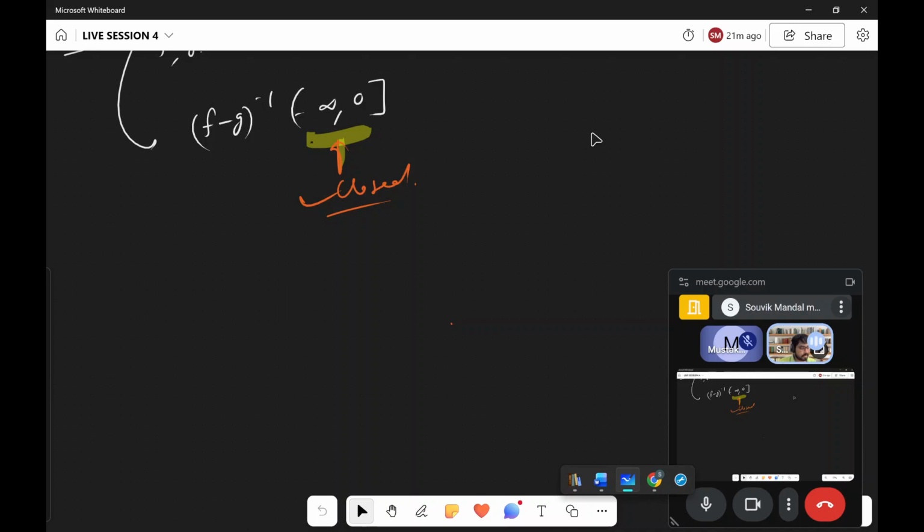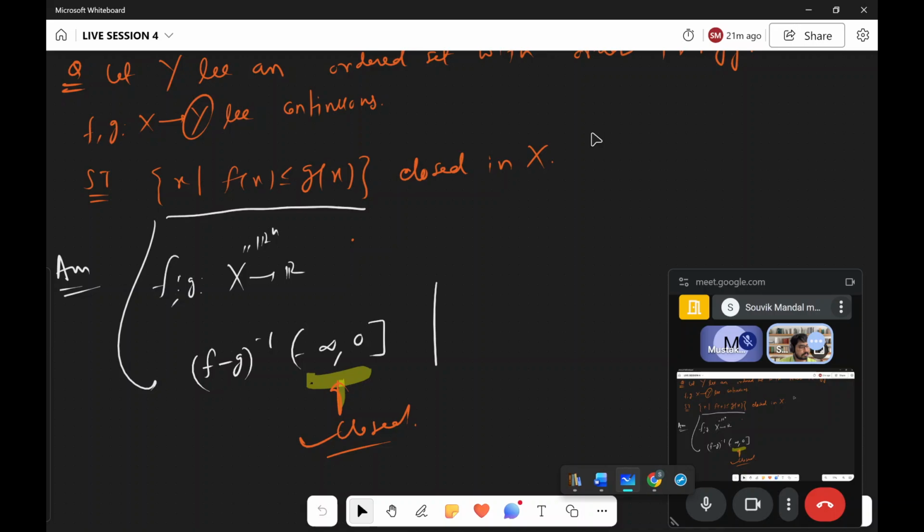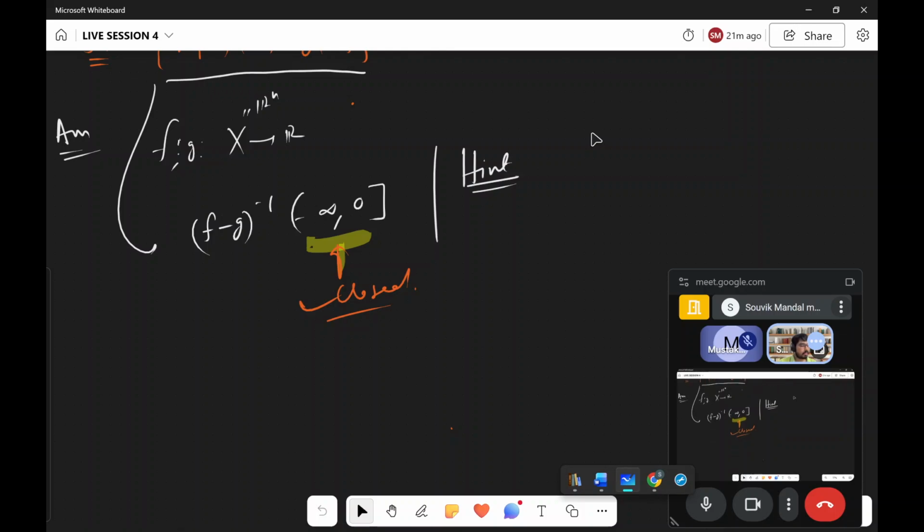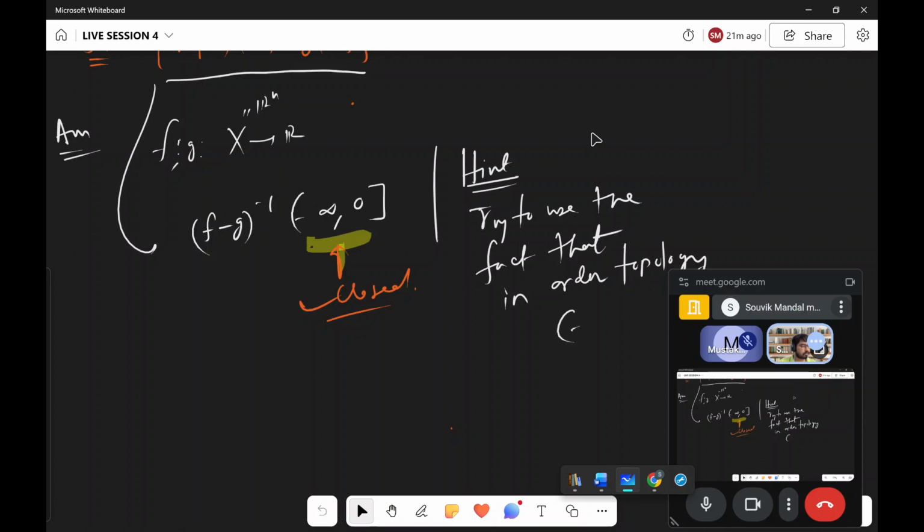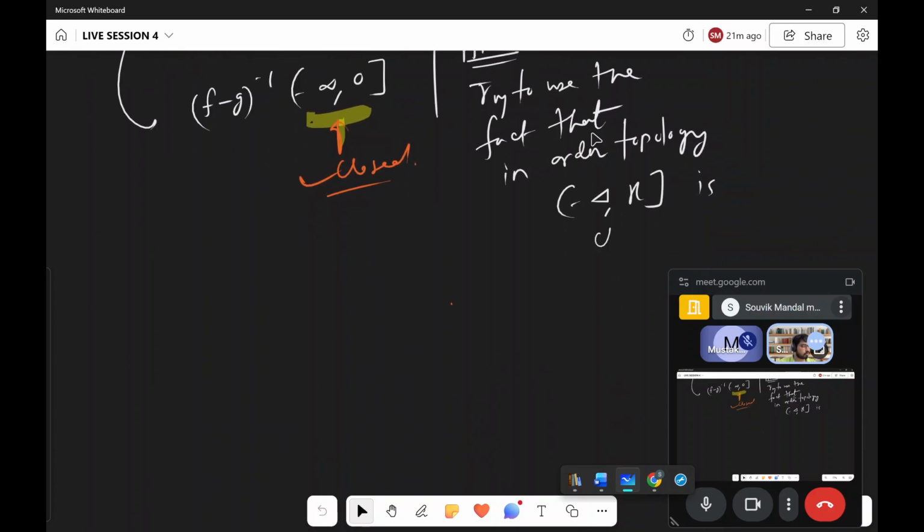So the corresponding hint is: try to use the fact that in order topology, minus infinity comma x is also closed. So try to use this fact.